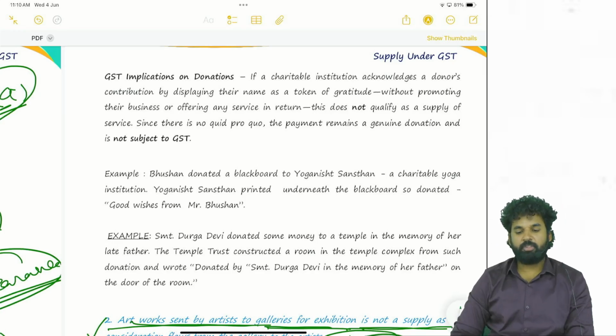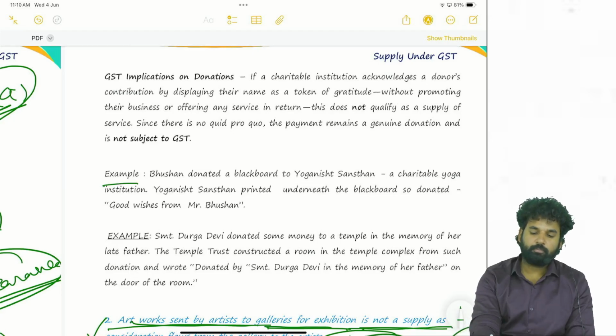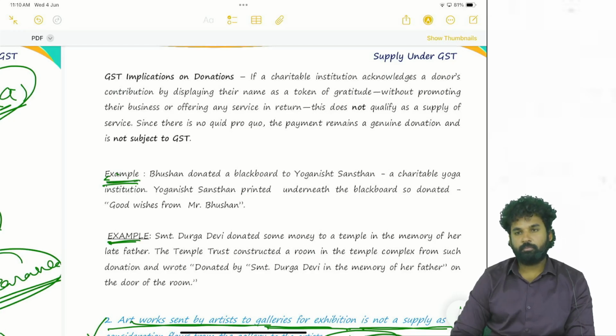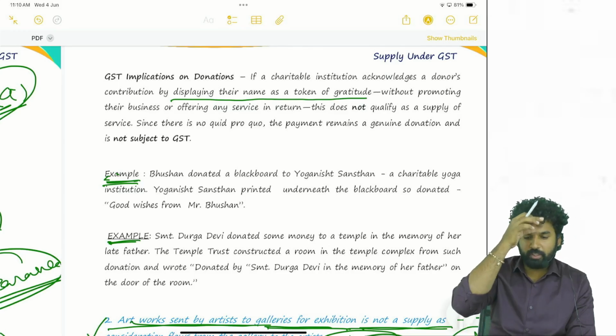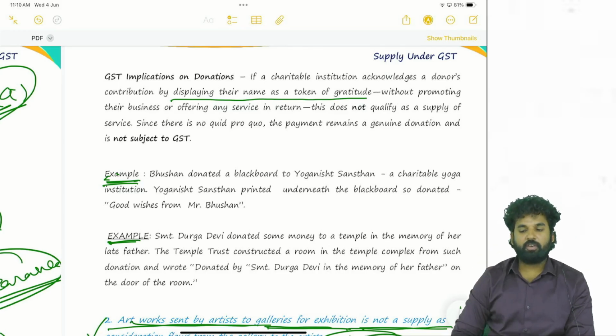You have two examples here. If it is displayed, their name as a token of gratitude without promoting their business or offering any service in return, this does not qualify as a supply of service.